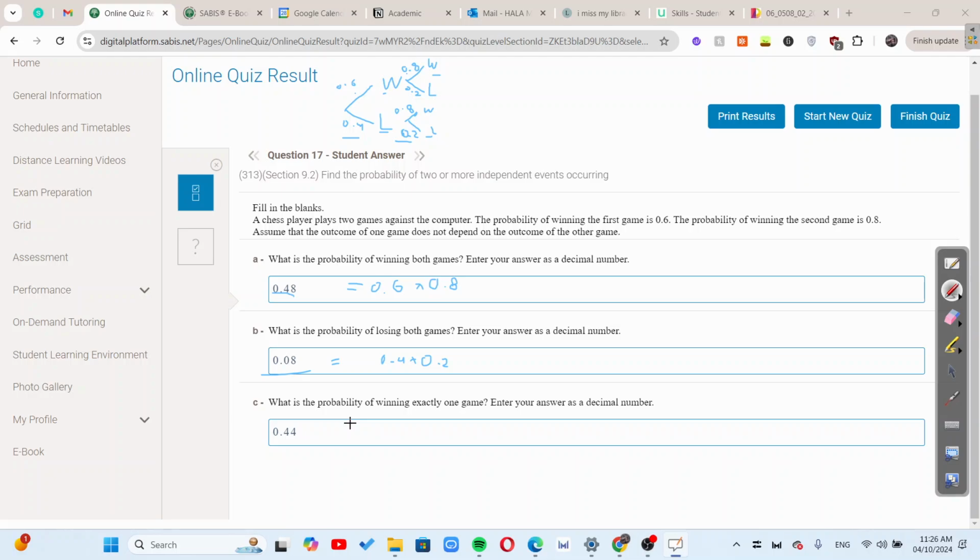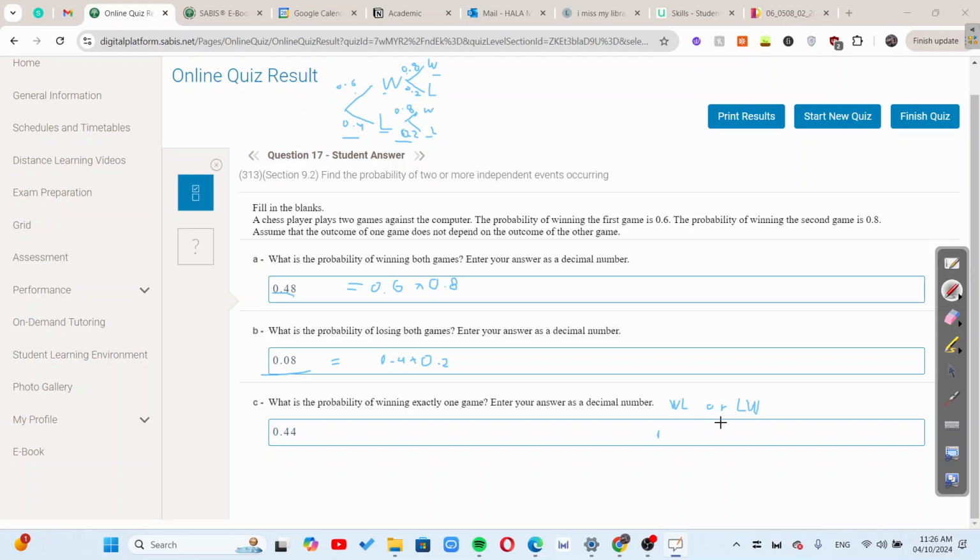Now, what's the probability of winning exactly one game? You're asking what's the probability that you win and lose, or, be careful, what I showed you last example, or which means plus, lose and win.